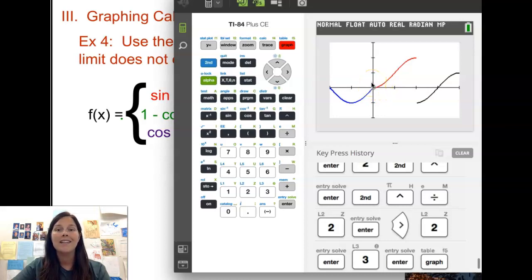So that limit does exist. We see an obvious gap or a jump right here in the graph. As we're approaching pi from the left and as we're approaching pi from the right, we get two different values. So therefore, the limit as x approaches pi fails to exist.